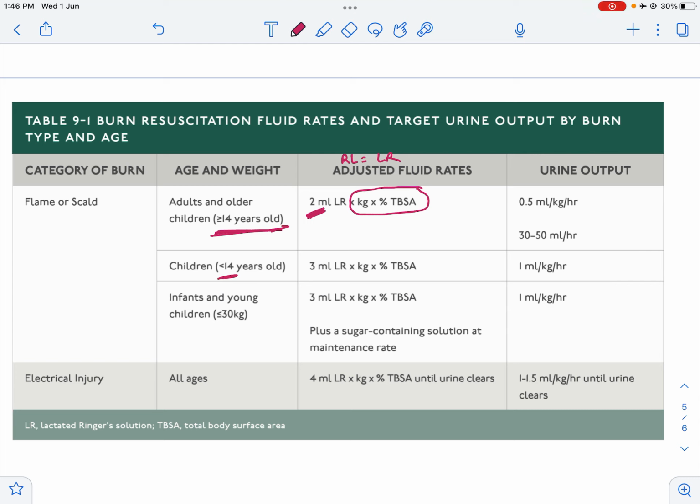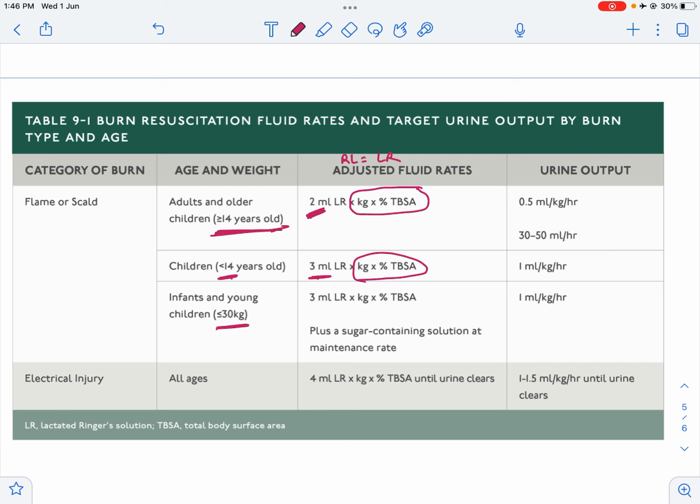In children less than 14 years, because children require more fluids, it is 3 ml into this constant formula. And like we discussed earlier, for weight less than 30 kgs, they require a maintenance fluid.